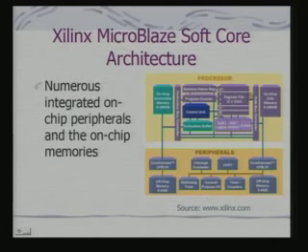In this case, the advantage is search flexibility. That means the flexibility of the platform is much more compared to a hardcore approach, because you can actually play with the processor core itself to meet your requirements.